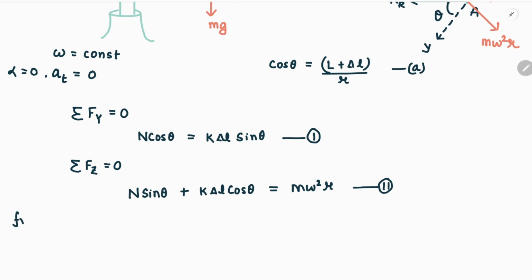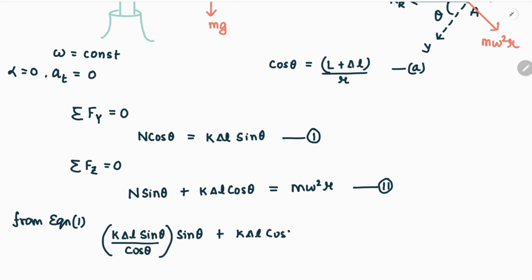So from equation 1, we can put the value of normal reaction force as k delta L sin theta by cos theta, and we have one more sin theta plus k delta L cos theta, which is equal to m omega square r, and r can be written in terms of L plus delta L by cos theta.